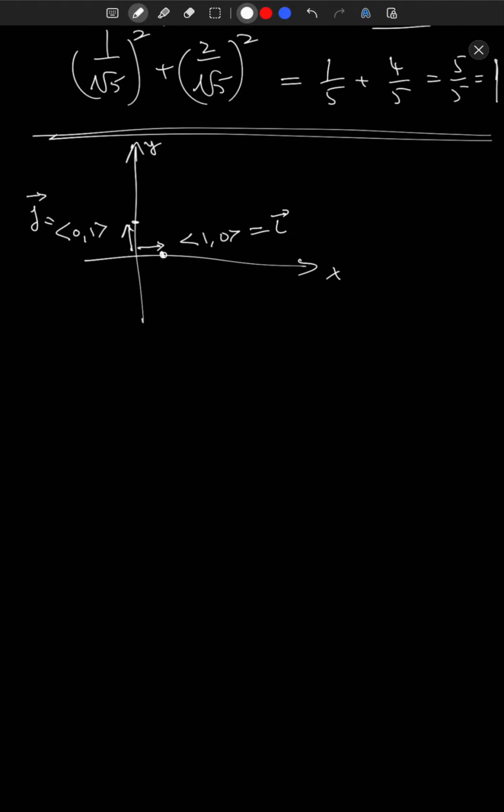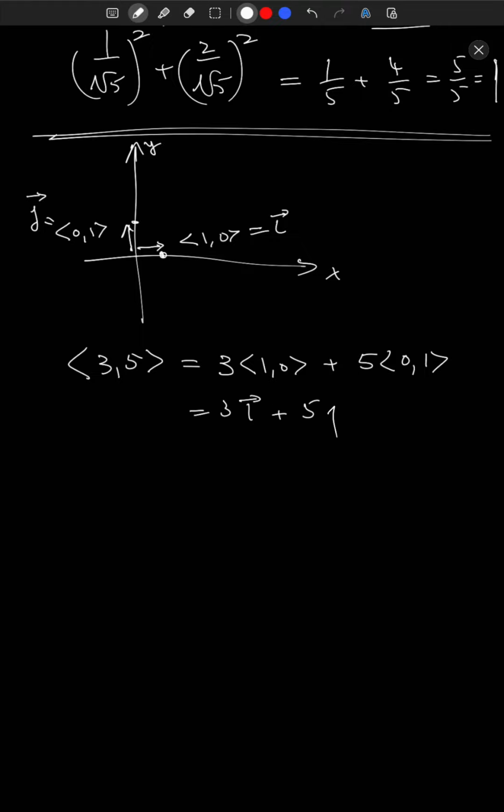Okay, so these are important because any other vector can be written in terms of i and j. 3 comma 5 is actually 3 times 1 comma 0 plus 5 times 0 comma 1. And so that's actually 3i plus 5j. So any vector can be written in terms of these more basic vectors, these unit vectors, horizontal and vertical.